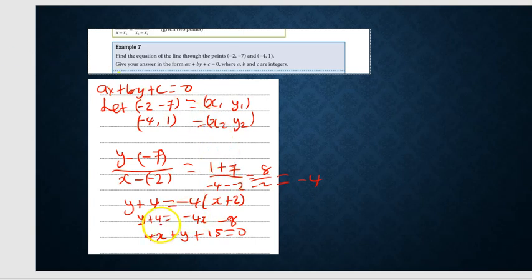Correct that, just a little error: this is y plus 7, not y plus 4, in order to get 15, since 7 plus 8 is 15.